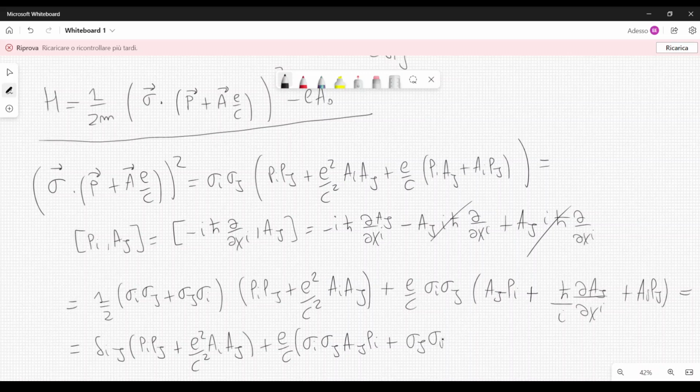So in this case, I'm going to switch the order between these two simply because I can switch the order also here. So if I switch the order there as well, the result won't change. And here we'll have aj times pi. So it will be the same as that one.